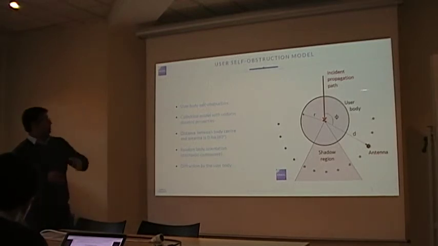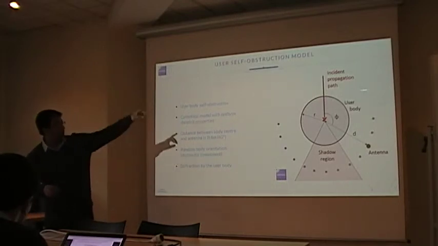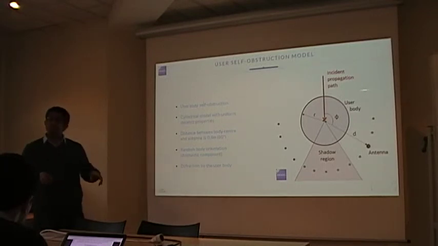Next, for this case, for instance, we've considered a shadow region. If the antenna is about 20 centimeters from the surface of the body, or about 40 centimeters from the center of the body, the shadow region is about 60 degrees. The shadow region is the area where you cannot have a line of sight component. So if you look at the picture, it's not possible in this area to have a line of sight component.